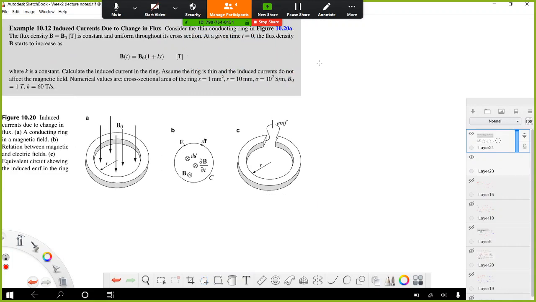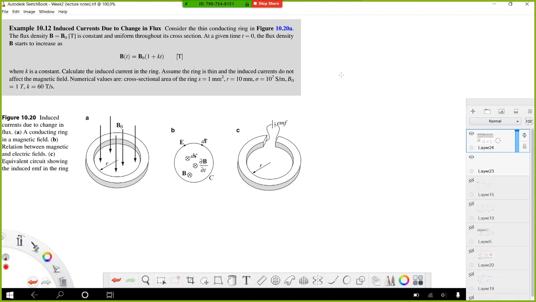Okay, so example 10.12. Consider the thin conducting ring here, with flux density B equal to B0, constant and uniform throughout its cross section.